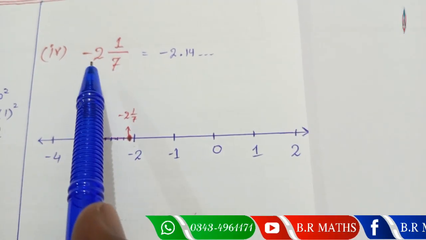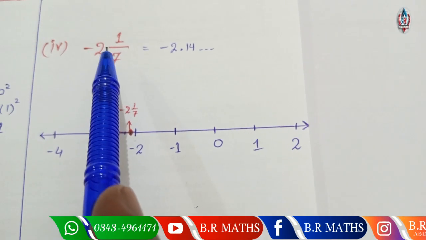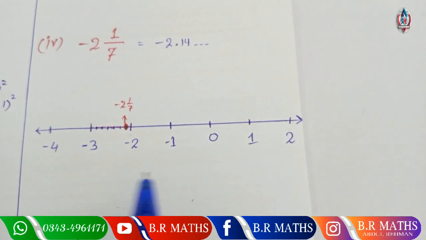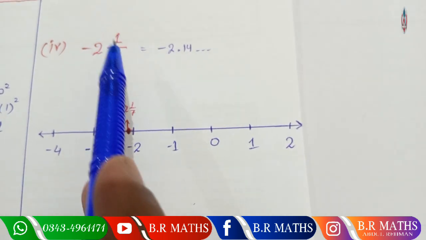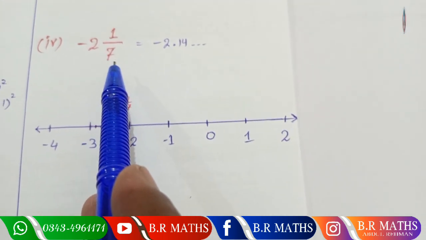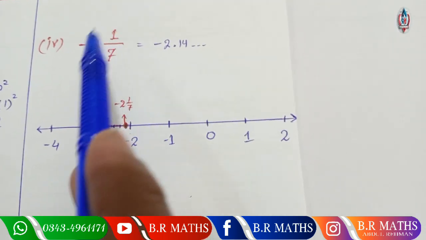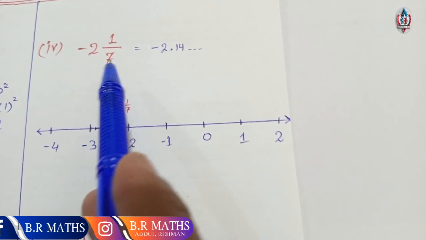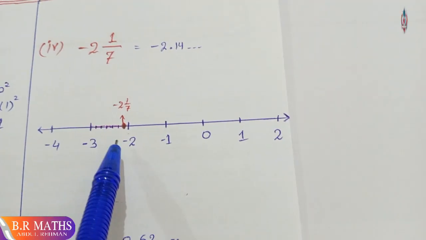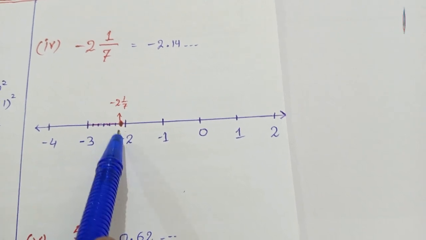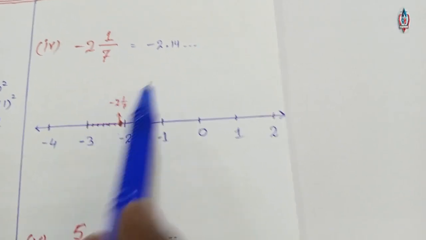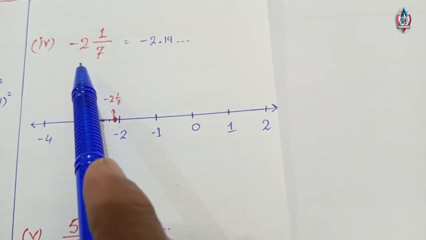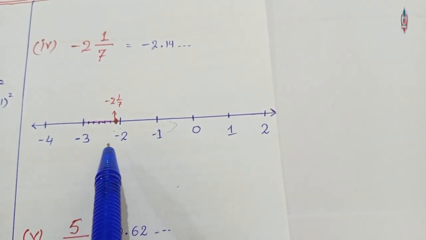Minus 2 and 1 by 7 means minus 2 is a simple integer, and 1 by 7 is represented between minus 2 and minus 3. So first recognize the positions of minus 2 and minus 3. Minus 2 is an exact number, so this one is minus 2.